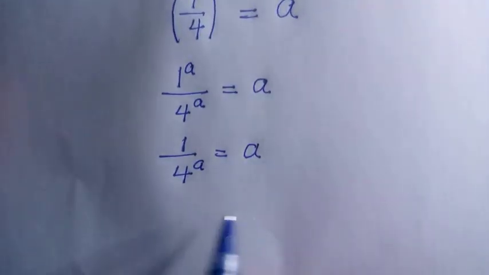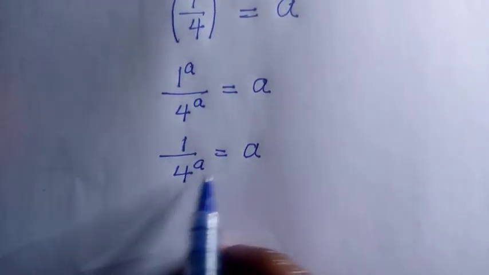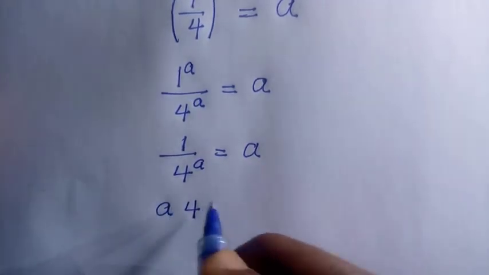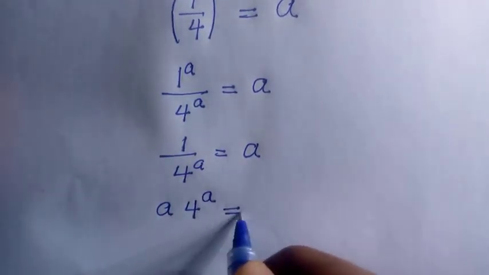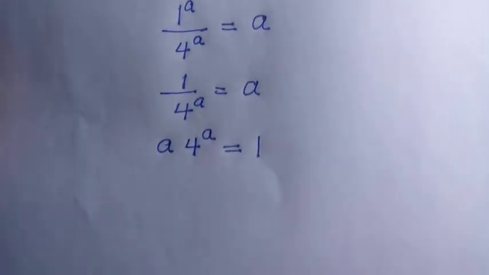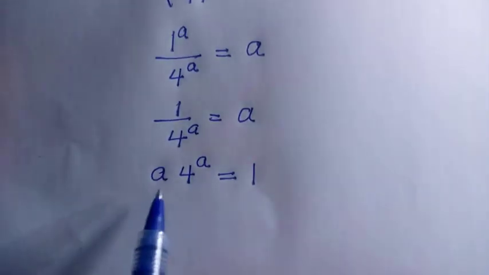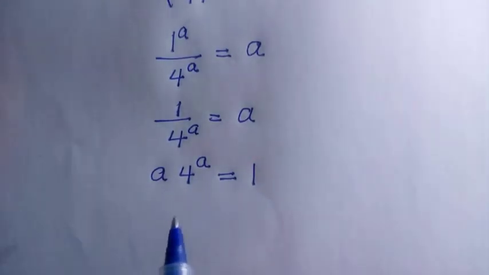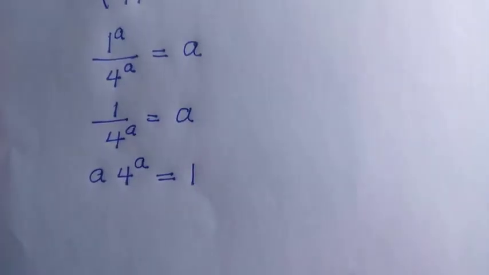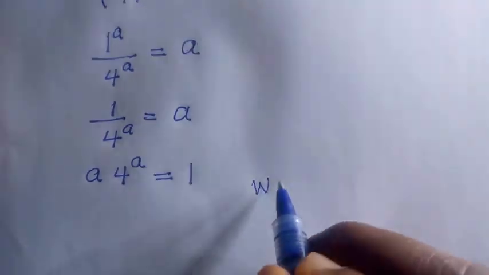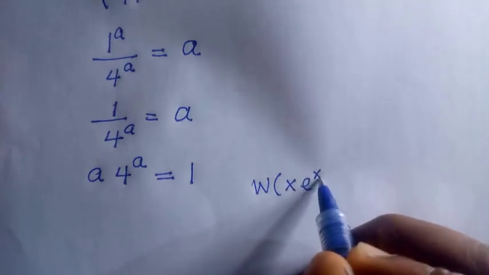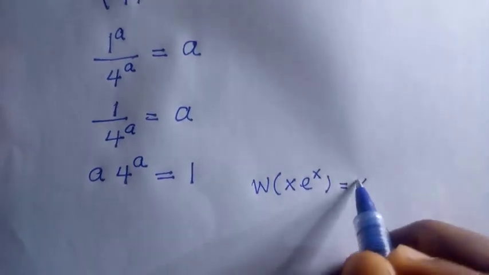Then let's cross multiply. We multiply 4^a with a, and we have a multiplied by 4^a equals 1. From what we have here, I want to apply a rule called the Lambert W function. The rule says, suppose we have the Lambert function of x e^x, this gives us x.